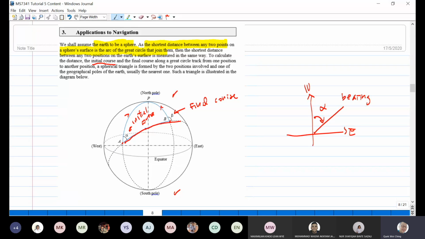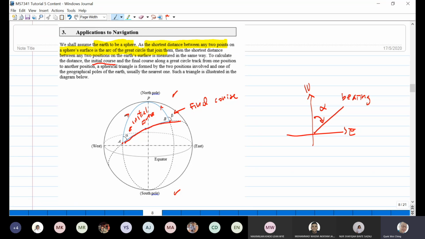Okay, so imagine that you're at the North Pole or South Pole. When I talk about initial course, basically it is the bearing of the ship, where direction it heads to. Final course is when it reaches the port, for example, where is the direction it actually goes to, because the direction will change based on the direction of going to the North Pole, right?